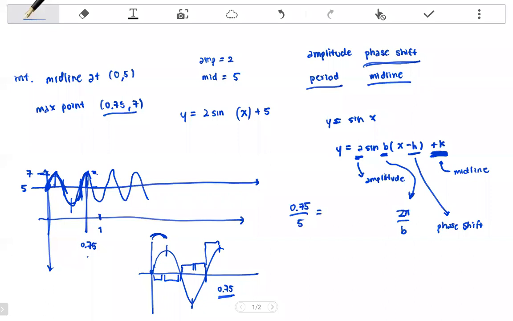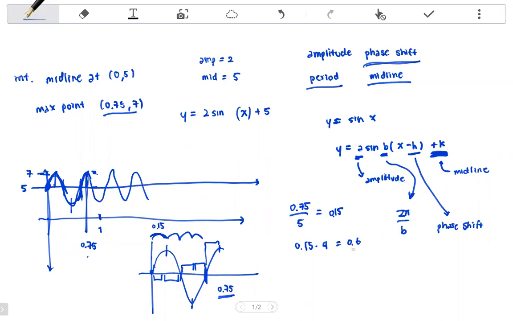What does that give us? 0.75 divided by 5 is going to be 0.15. So we know that one section is 0.15 long. And we only want 4 sections, since that's our period. 1, 2, 3, 4, which means that 0.15 times 4 is going to be 0.6. So we found our period.